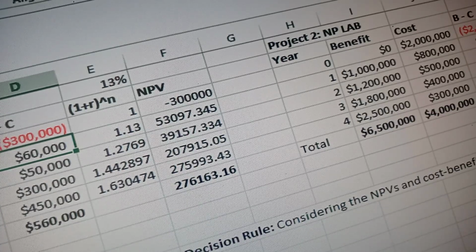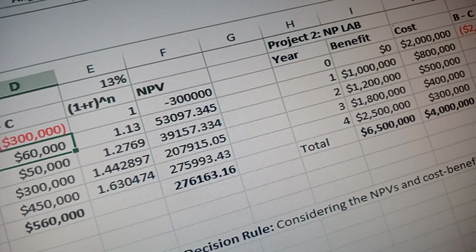So you see that even though project B or 2 started on a wrong note, it was able to generate more benefit than project 1. You can see the difference here.